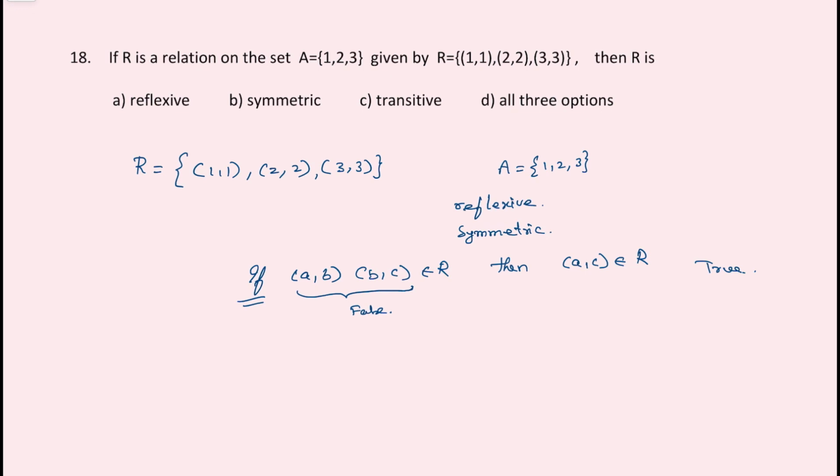So when you don't find 2 elements of this form, AB, BC, remember it becomes a transitive relation. Okay, very important point which you should remember. Therefore, the given relation is transitive also. So all 3 options are correct. D option is the correct answer.